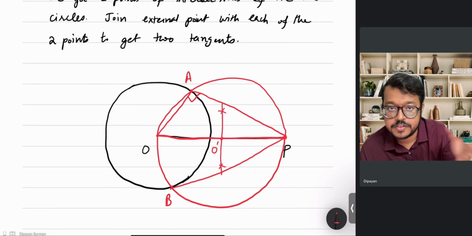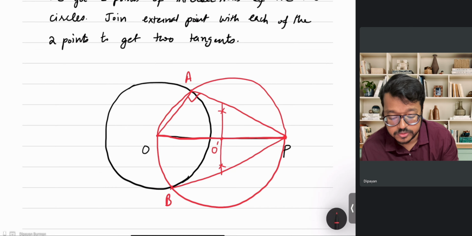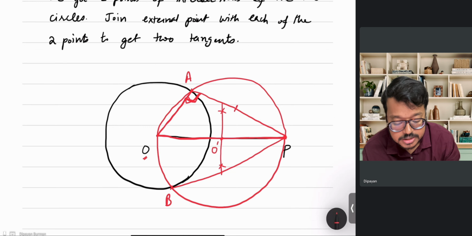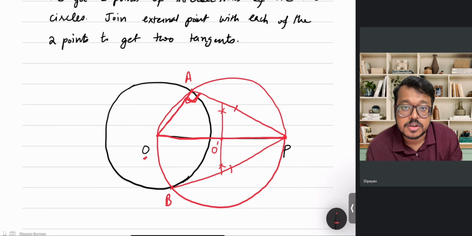And if you consider the first circle, the left circle with black color with center O, OA is the radius, and I have a line PA which is 90 degree with my radius OA. So therefore AP has to be a tangent, and similarly BP is also a tangent of equal length.